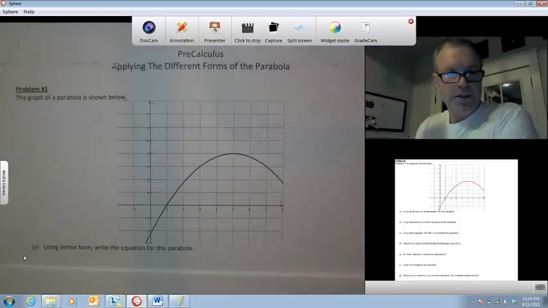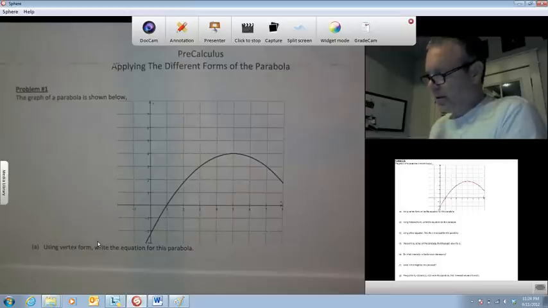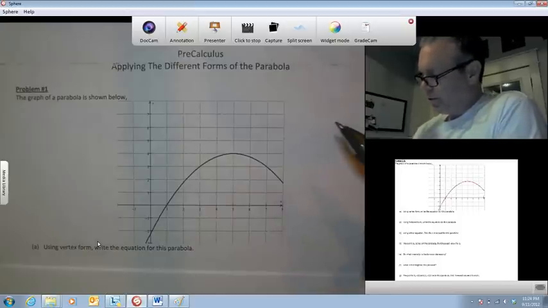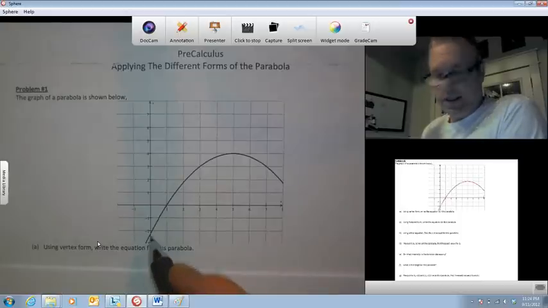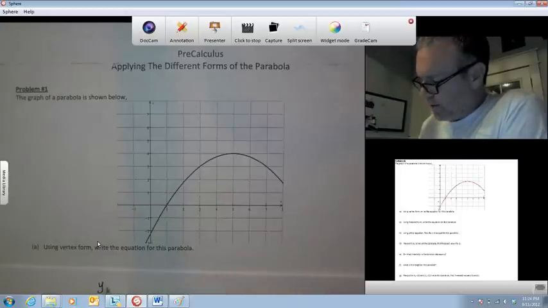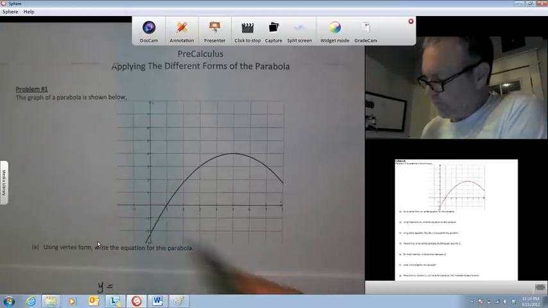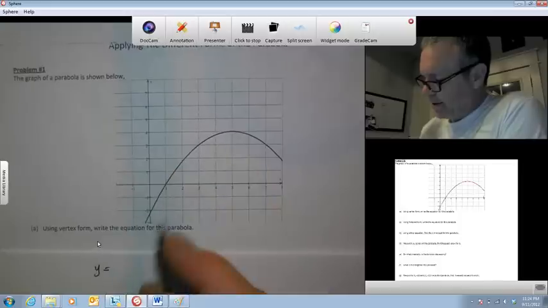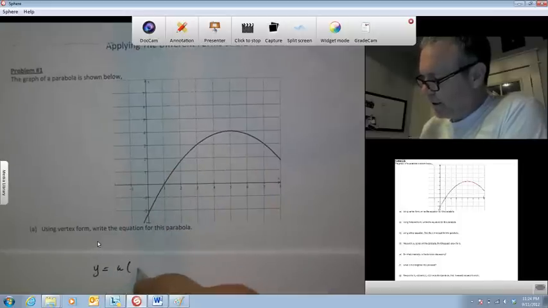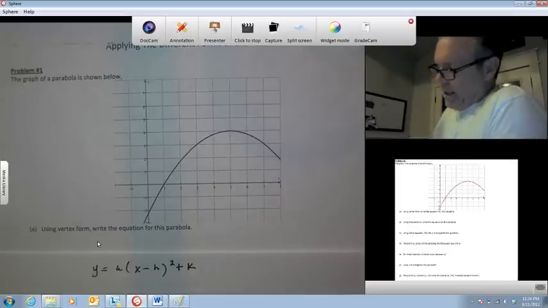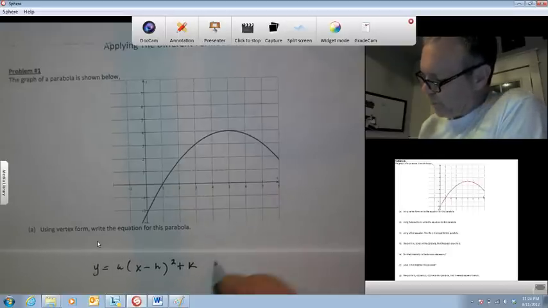First question that we're going to do, part A: using vertex form, write the equation for this parabola. So using vertex form, the first thing I'm going to do is write down the actual vertex form, which is y = a(x - h)^2 + k.